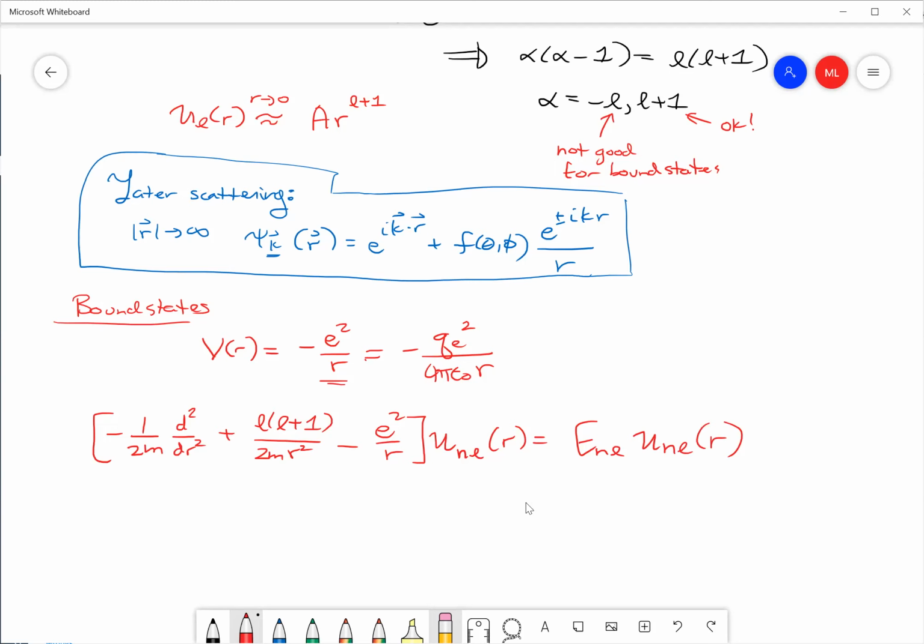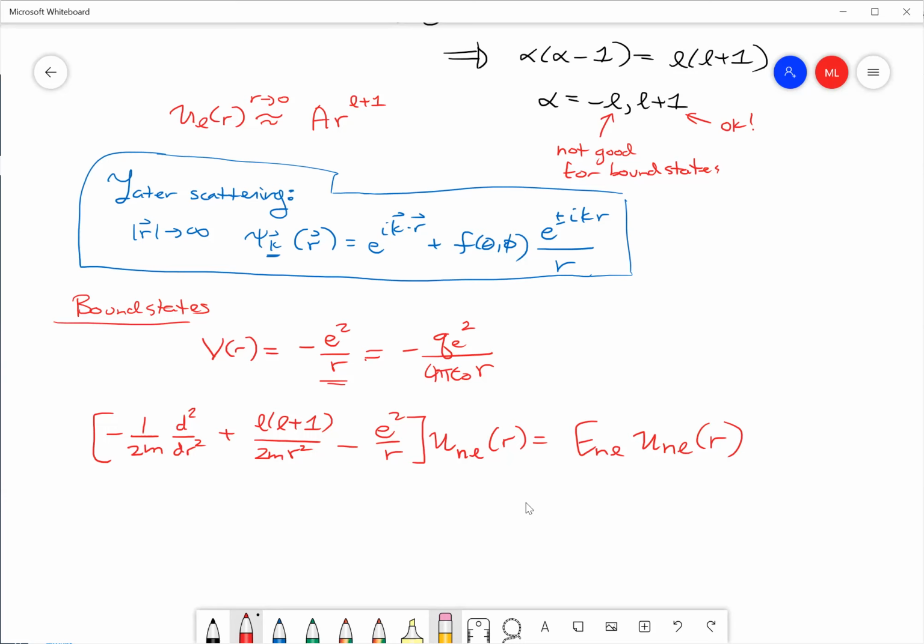When you see a differential equation like this, it's always convenient to get rid of all the constants, all of the m's and e squareds running around. If you recall, in the first semester at the very beginning of class we looked at atomic units, the Bohr radius and the Rydberg energy and so on. Those are exactly the right combinations of constants to use to rescale.